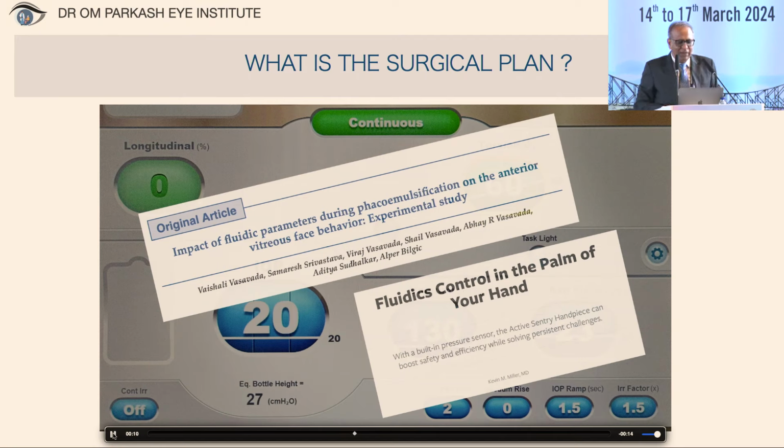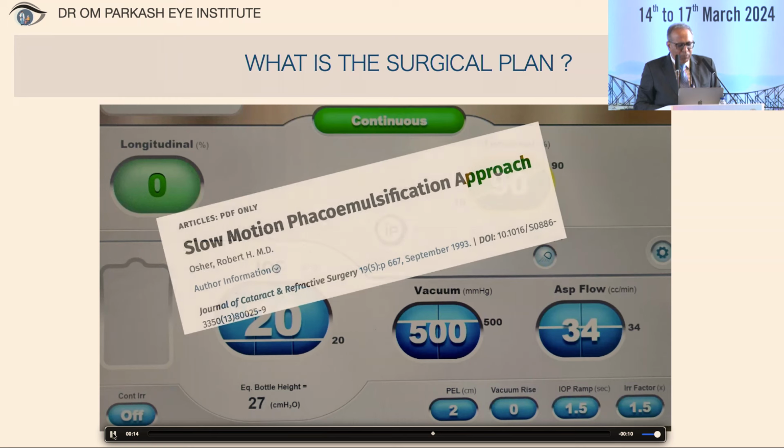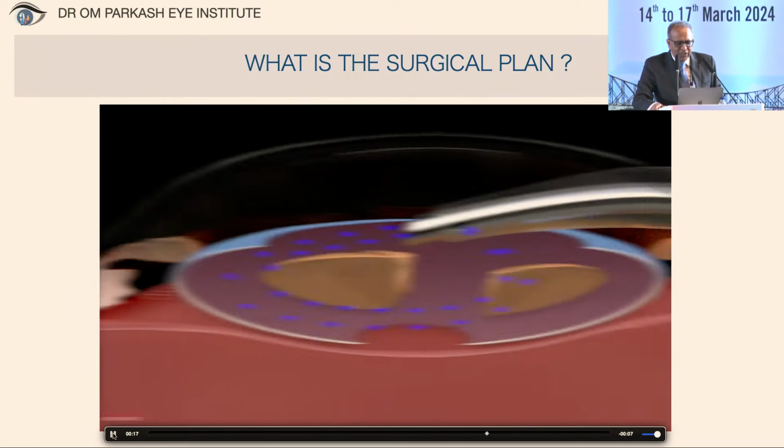The third part of the whole story is slow motion phacoemulsification. Bob Osher and our own Abhay Vasavda have been responsible way back in elucidating how slow motion phaco works. With this, we are going to use low fluidics, 20 to 23, which is close to the physiological IOP.